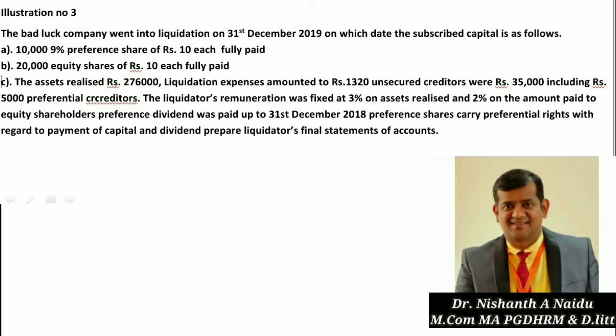In continuation, they have told that preference shares carry preferential rights with regard to payment of capital and dividend. So that carries a right, with regard to the payment and the dividend payment as well. Then prepare liquidators' final statement of accounts. So this is the problem.